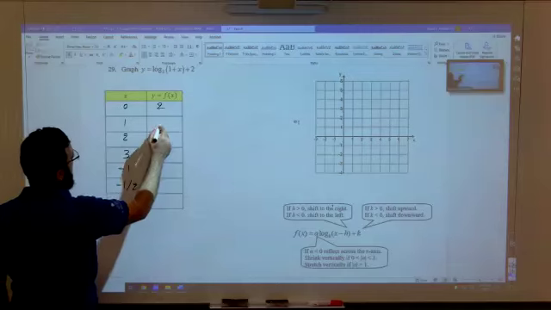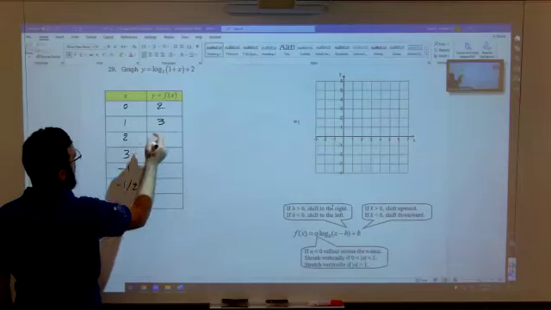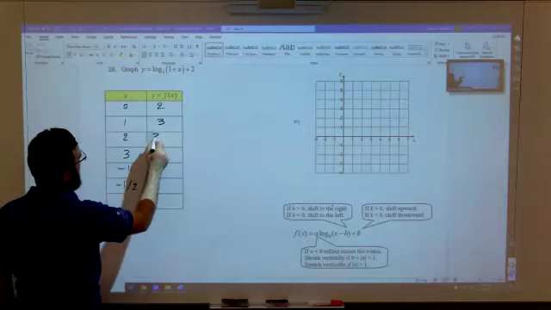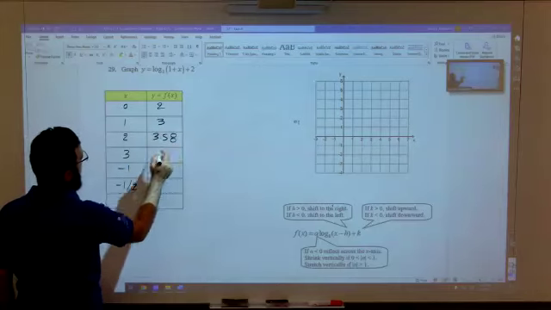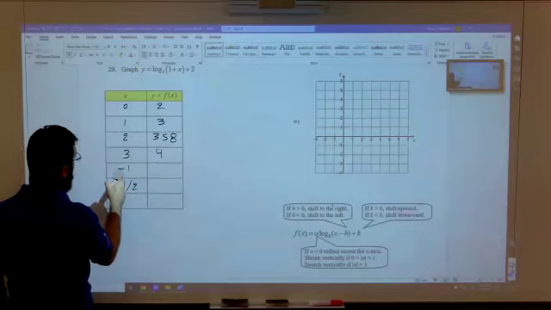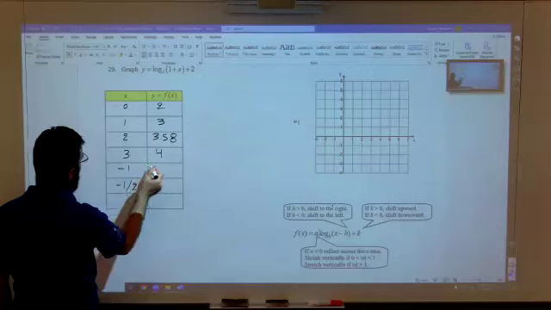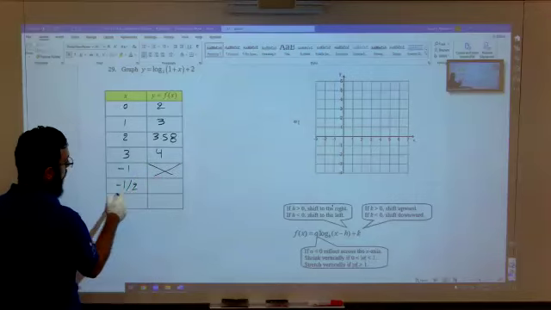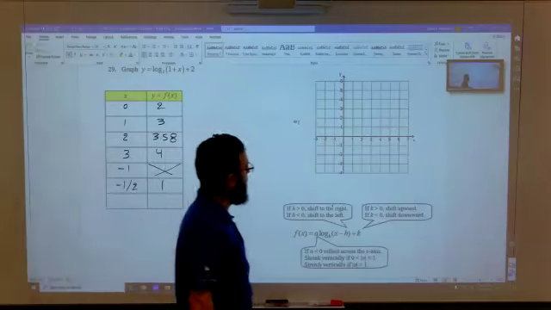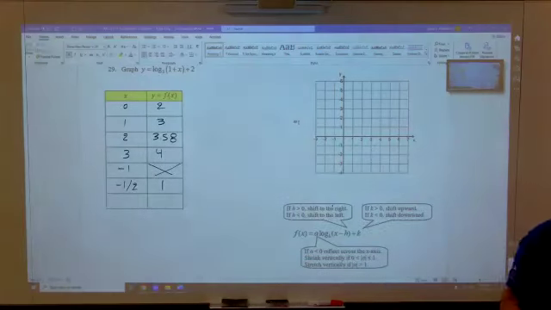When you plug in 1, when you plug in 2, how much? 5. 8, okay. What about 3? What about -1? Domain error, okay. What about -half? 1. Okay. Half, which is less than 1, okay?